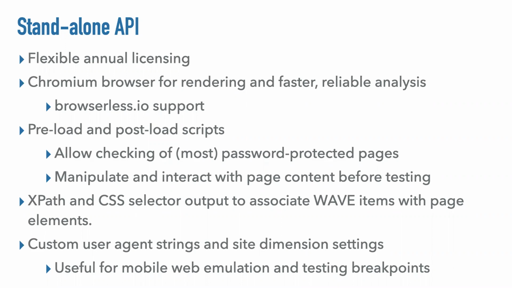Browserless is an online service that essentially allows servers to run in the cloud. And the short version is you can run the API on very, very minimal hardware and use browserless to do most of the work. It's going to generate these Chrome browsers. It's going to do the analysis, and then you get the data back. So on a very, very minimal computer using browserless, you could do a bunch of accessibility testing.